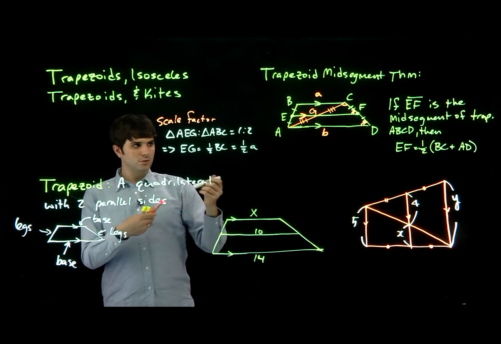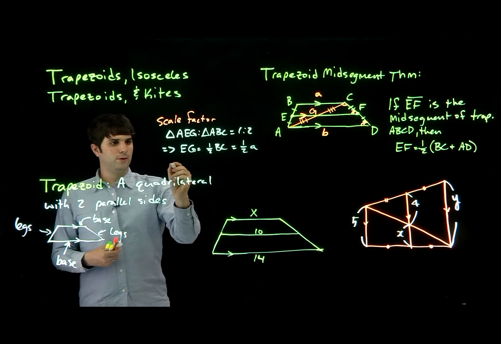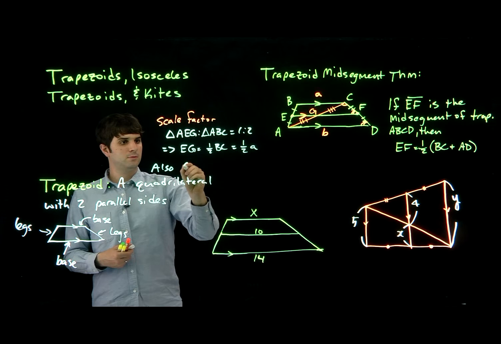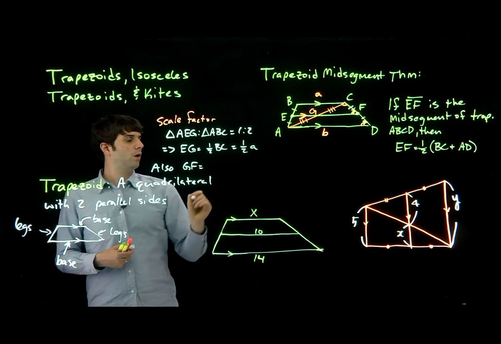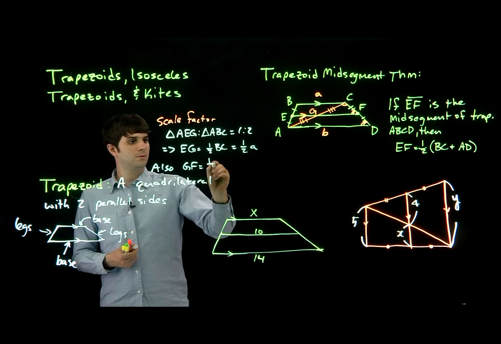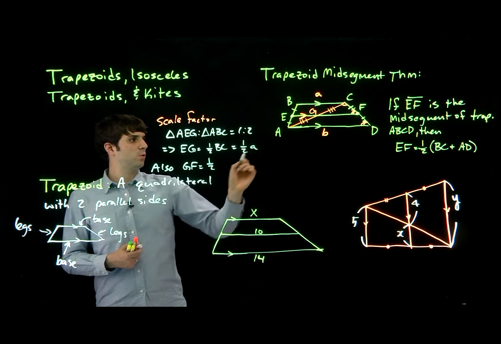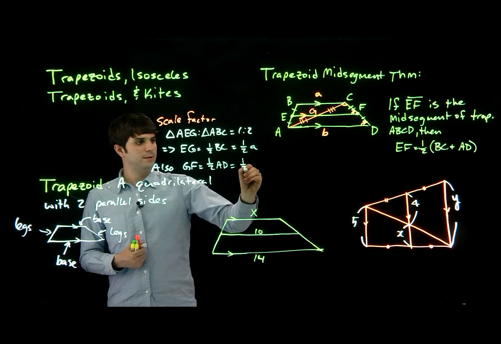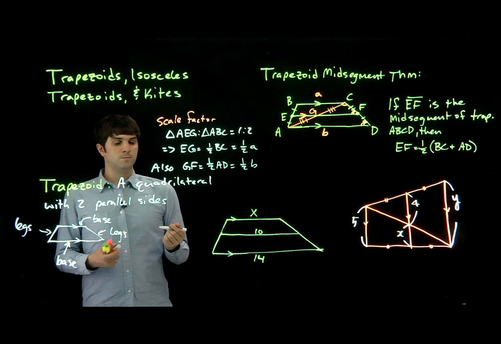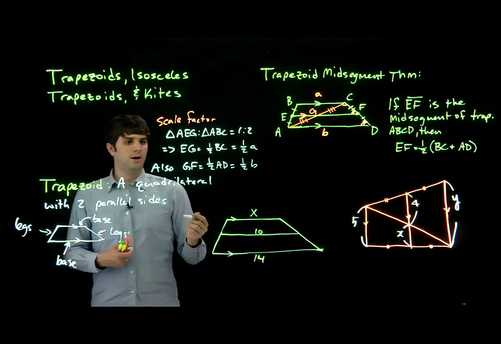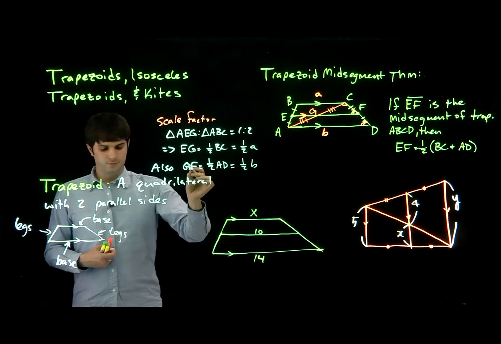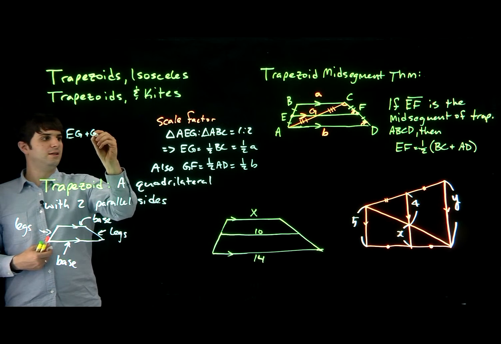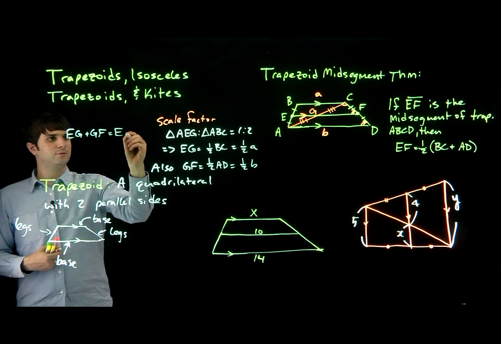Therefore GF equals 1/2 of AD, which equals half of B. So using this, EG plus GF equals EF.